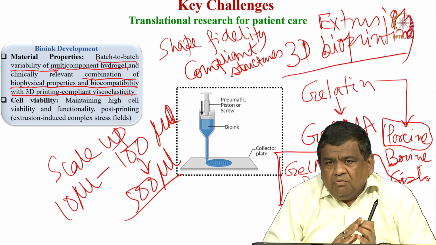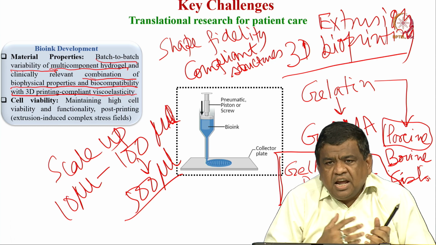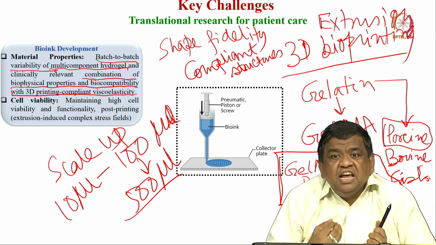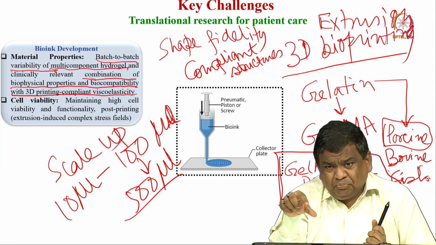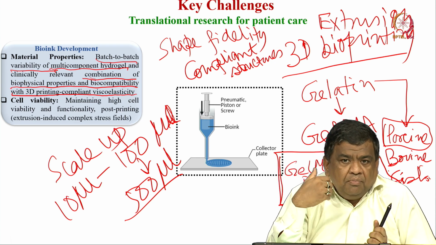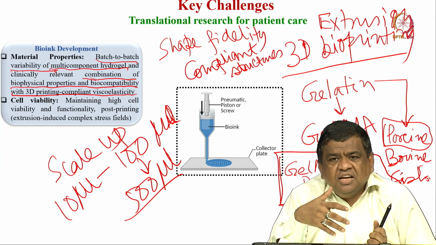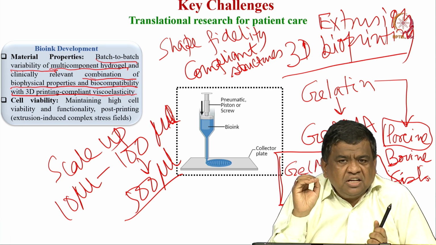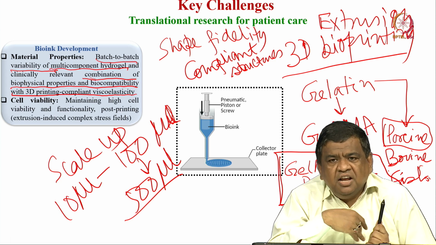From a research publication point of view, it is all nice because you are making 5 or 10 samples, and these can be test samples. They do not need to be clinically relevant structures that you are implanting in human patients, and they do not need to work in a physiologically complex environment like inside human patients. So, for simple laboratory testing, in vitro models, even preclinical models, these are all fine, but the major challenge comes when you go to scale up.